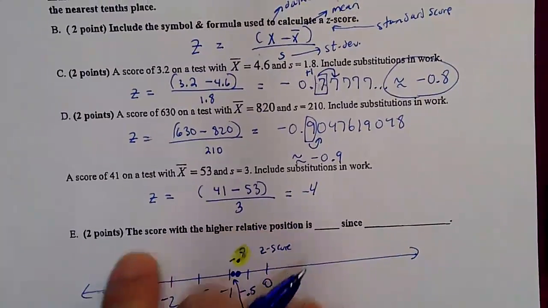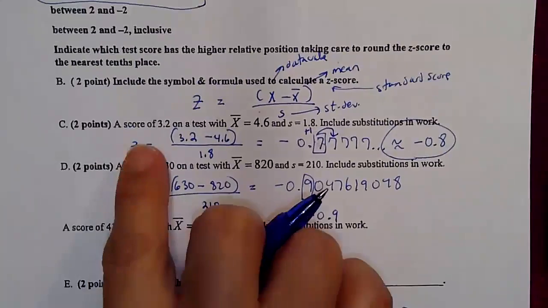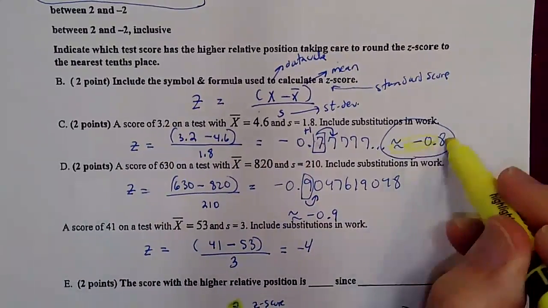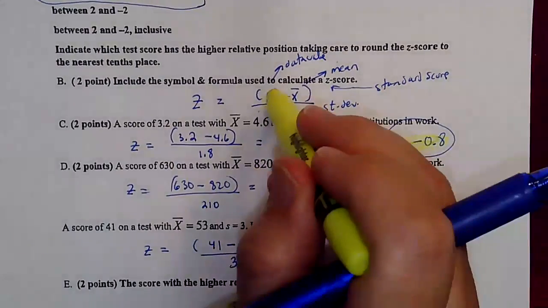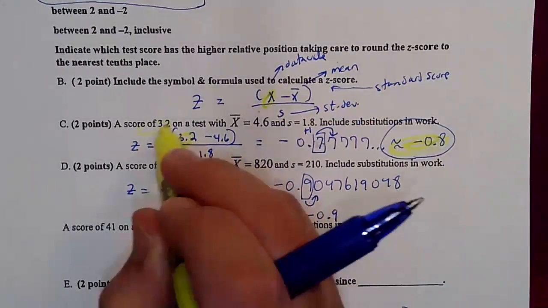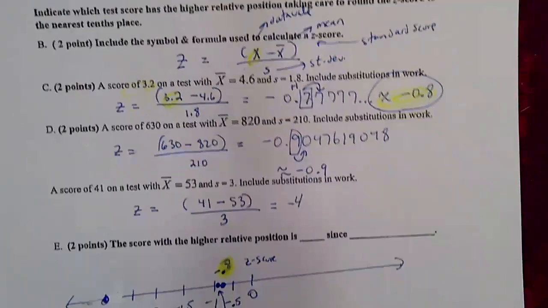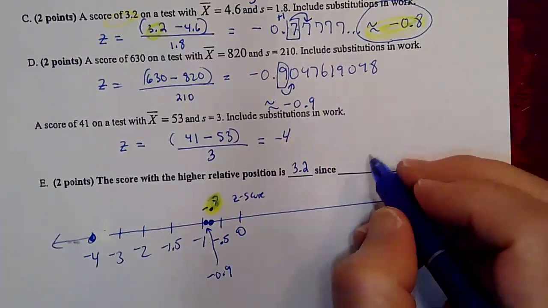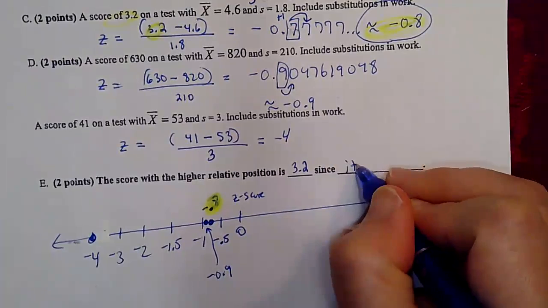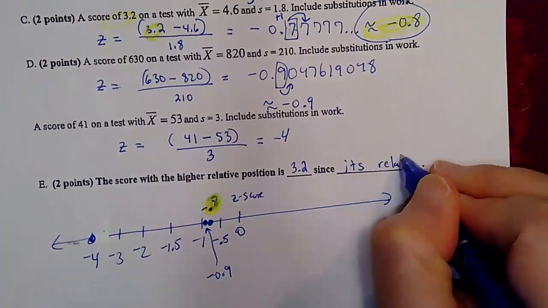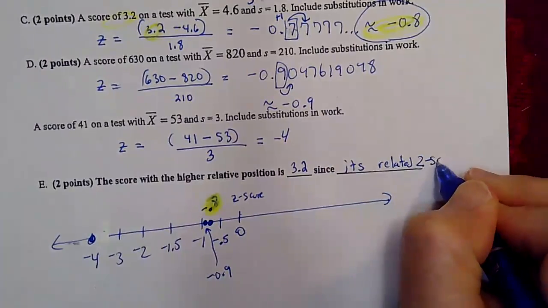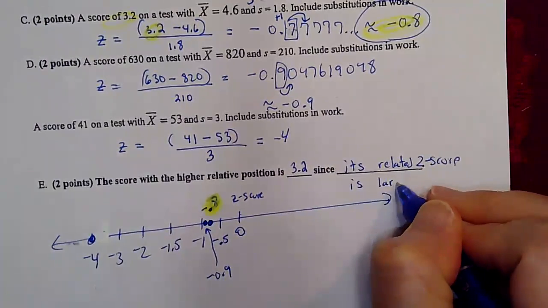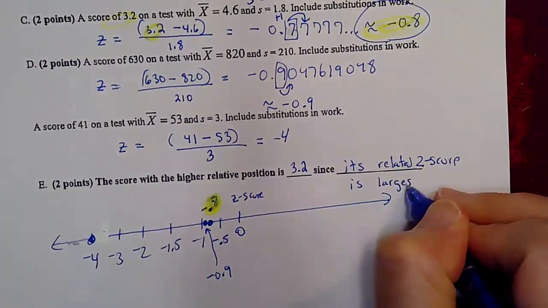When they say score, they want the test score, which goes back to this right here, x, that it's 3.2. That's what they want. 3.2. And then y, since it's related, z score is largest.